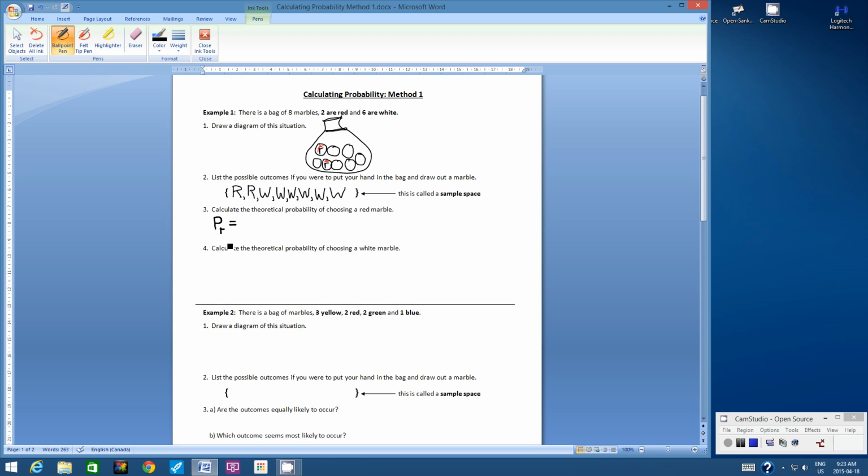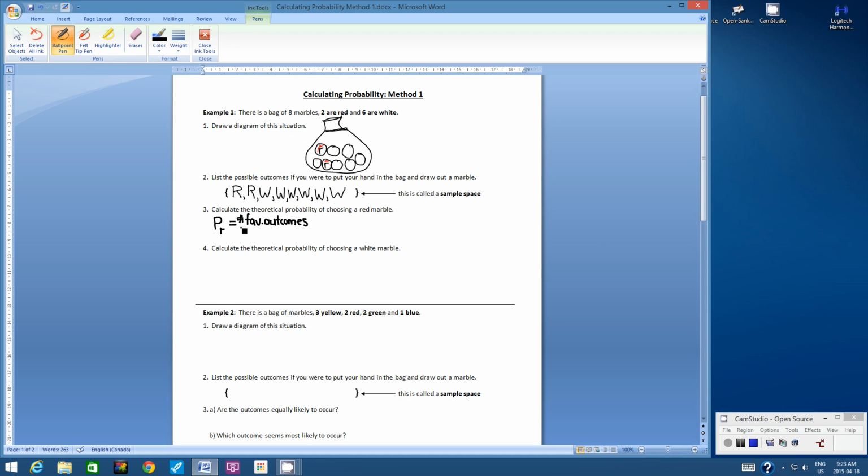Okay, so we know that the theoretical probability is the number of favorable outcomes. Now in the last note, we wrote it as the number of possible times that an event can occur. But we call that favorable outcomes.